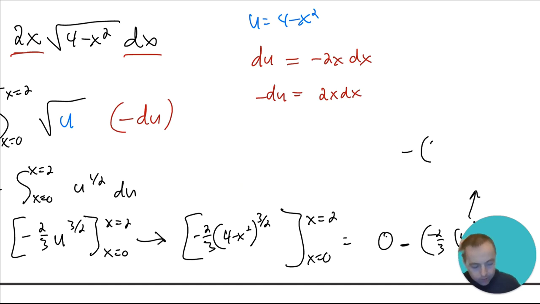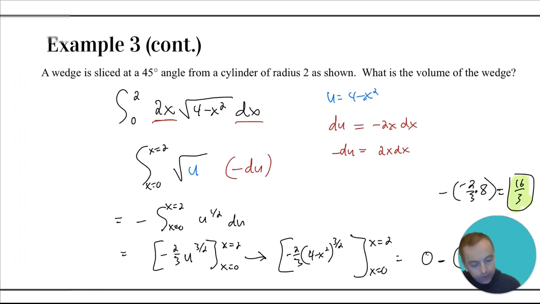So we get minus negative 2/3 times 8, which would be positive, because a negative times a negative, 16/3. So that would indeed be what the volume is in cubic units of that wedge.